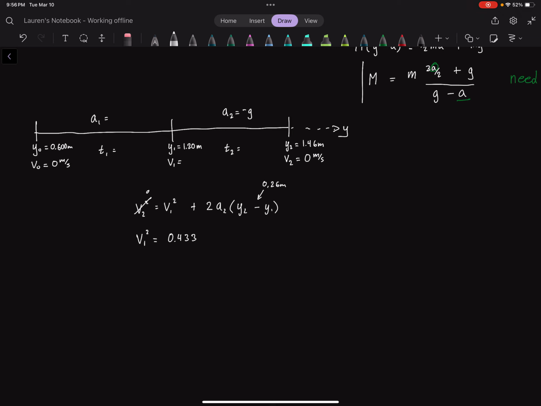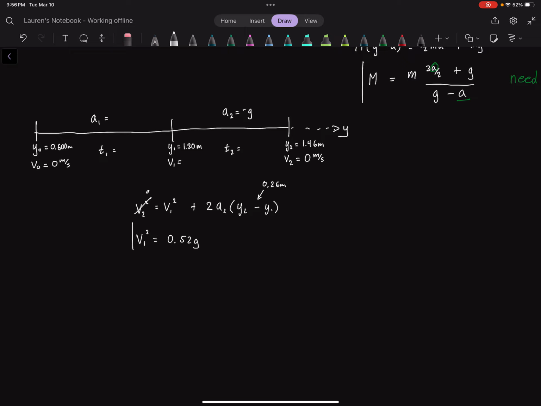I was looking at my paper and my eyes were jumping ahead. We're just going to leave it as 0.52 G. That's what that would be.